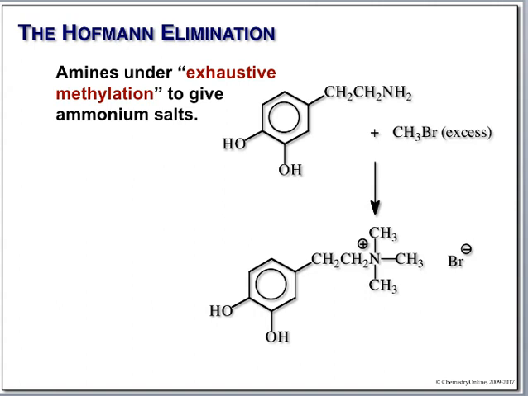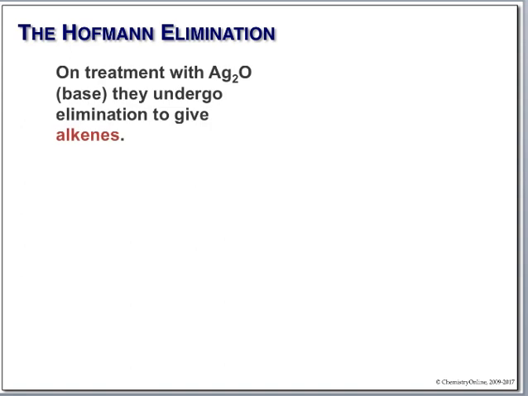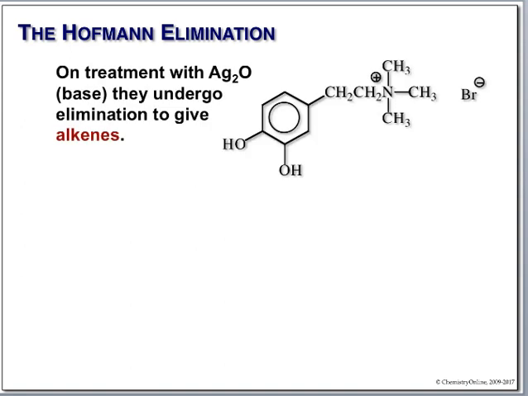Now, this is a decent leaving group. The trimethylamine with its electrons are all set up to go. All we need to do is have something to pull off the proton from this carbon. We can do that by treatment with silver oxide of all things.